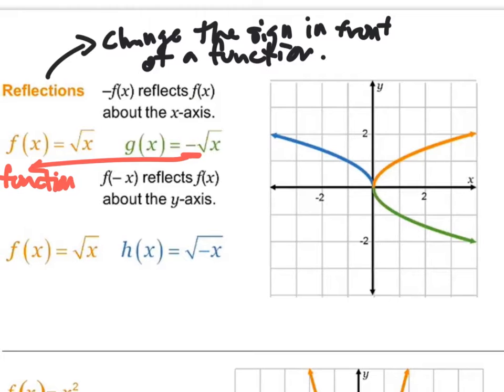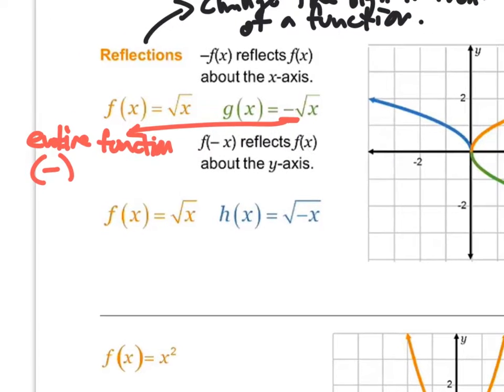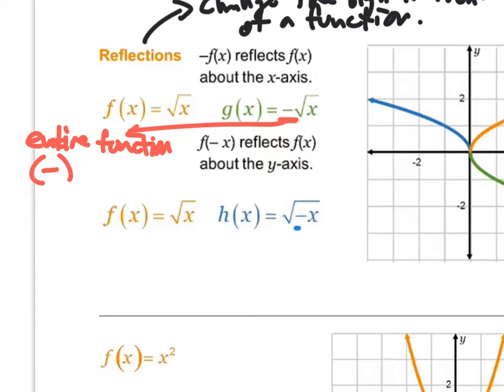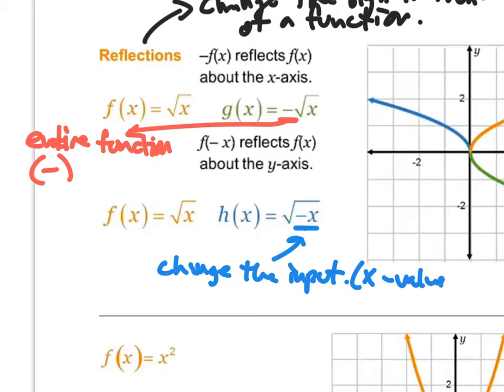So if you had your original function here, and that was just the square root of x, if we make the entire thing negative, then we reflect that over the x-axis. If we make just the x value, the input, negative, not the entire function, then that reflects about the y-axis.